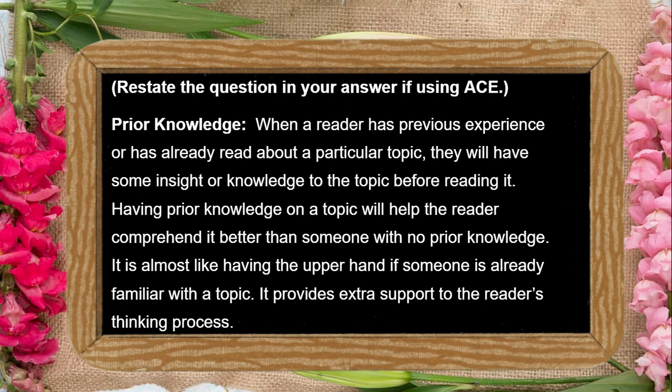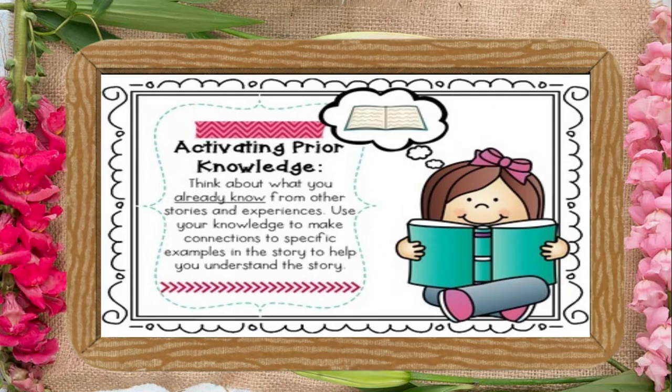It provides extra support to the reader's thinking process. Activating prior knowledge. Think about what you already know from other stories and experiences. Use your knowledge to make connections to specific examples in the story to help you understand the story.